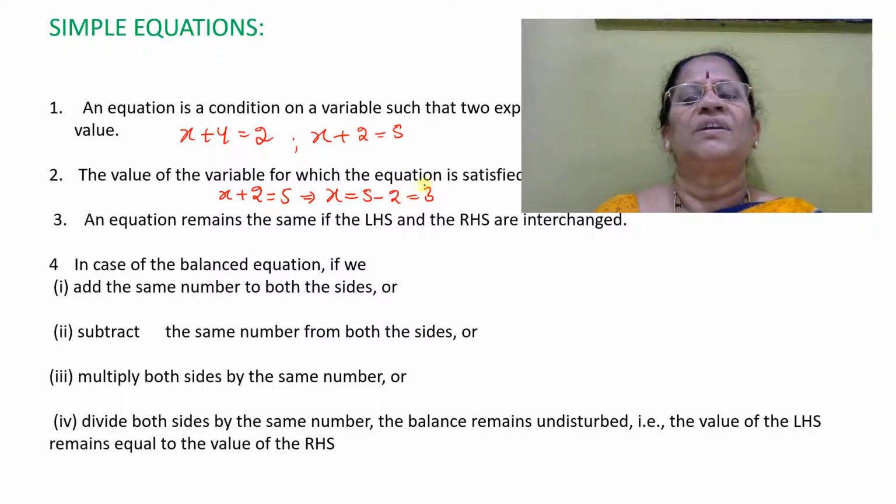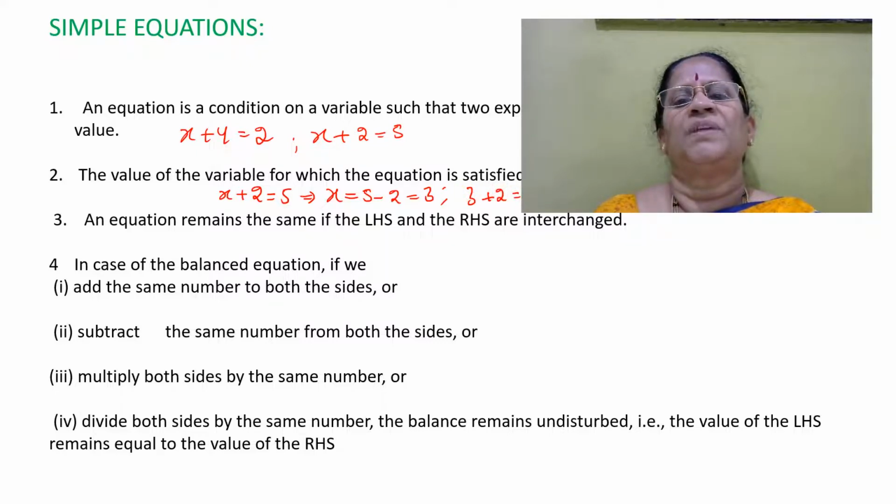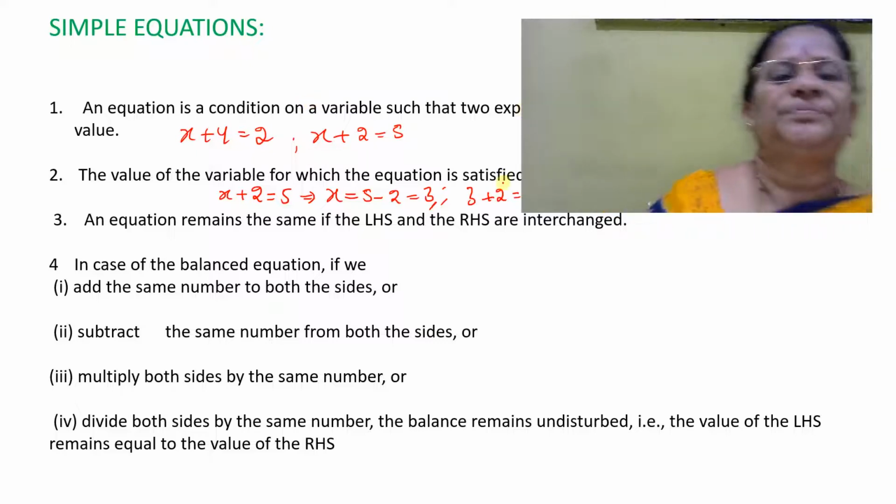That means for this value of x, the equation is satisfied, isn't it? In place of x I will put 3 and we have 3 plus 2 is equal to 5. LHS becomes RHS. So this 3 is said to be the solution of the equation.